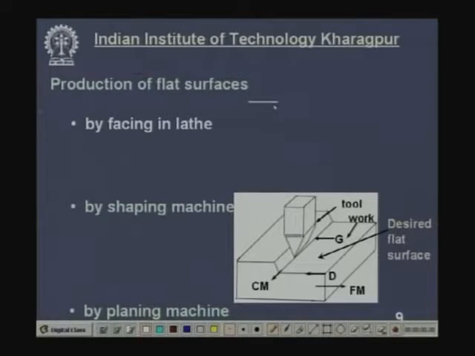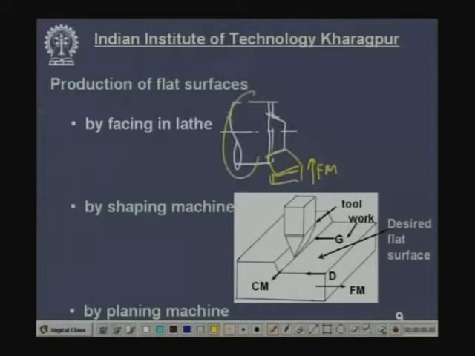This is a rod, and this layer of material, and this is the cutting tool. This cutting tool travels in this direction. So, this is feed motion, and then the job rotates, that is cutting motion.